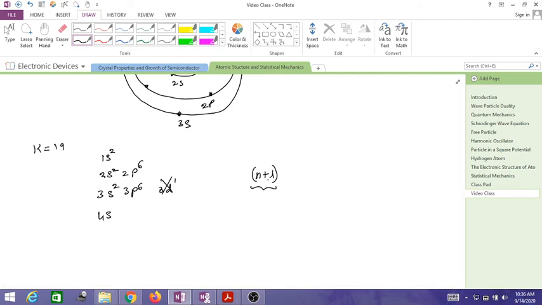However, it has been shown that in many electrons the energy is lowest for the state for which n plus L is lower. So now if we take n plus L, what is the value of n here?